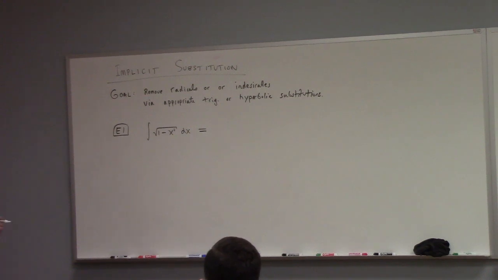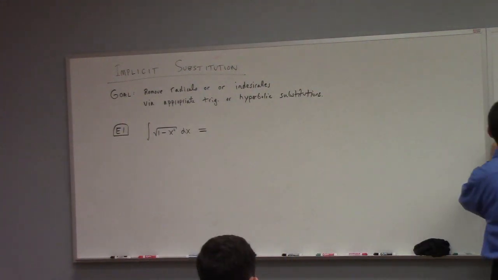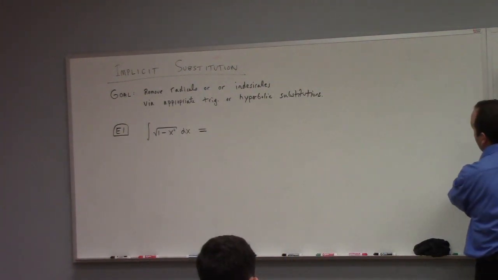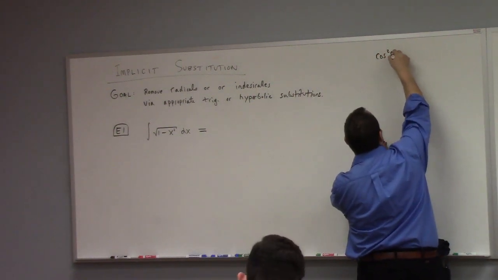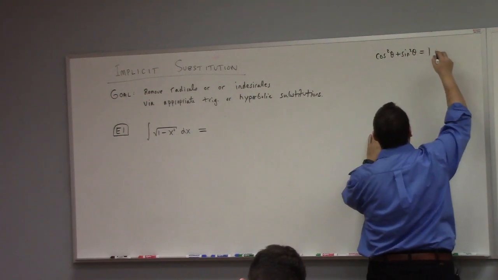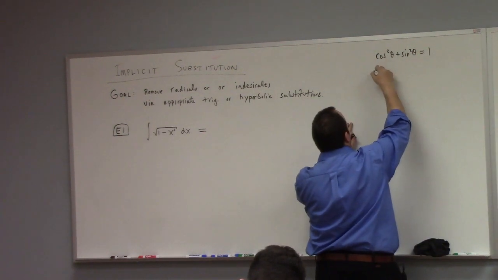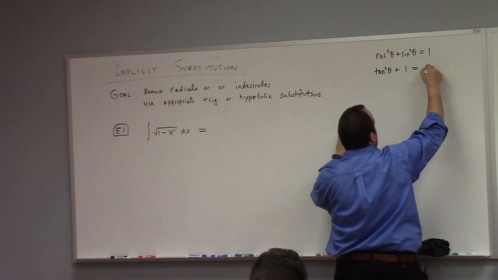Now, when we think about trig substitutions, let's think about it. Let's just, reminder here, we got cosine squared theta plus sine squared theta equals to 1. We also know that tangent squared theta plus 1 equals to secant squared theta.